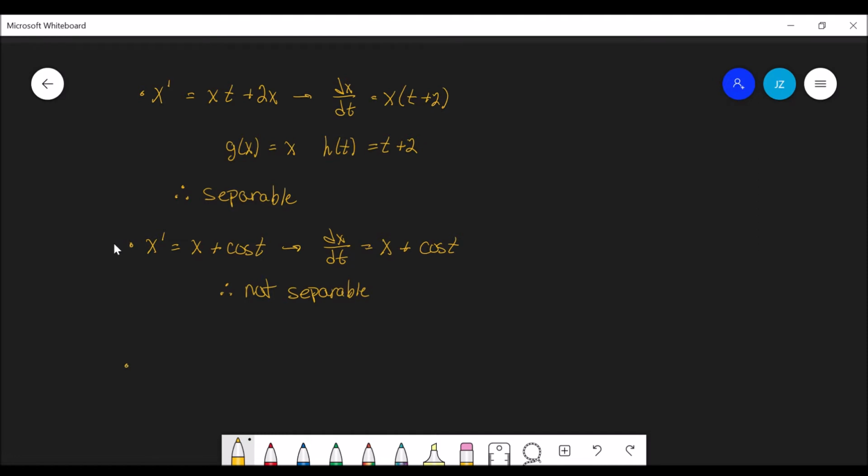Now let's look at the equation x prime equals x times t squared plus t squared minus t times x minus t.